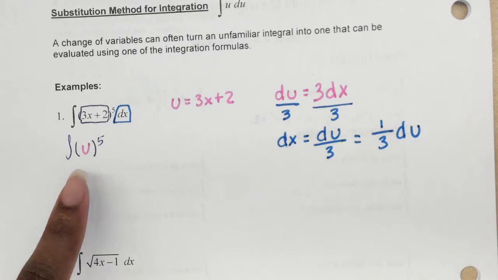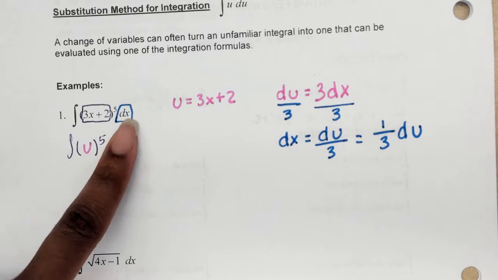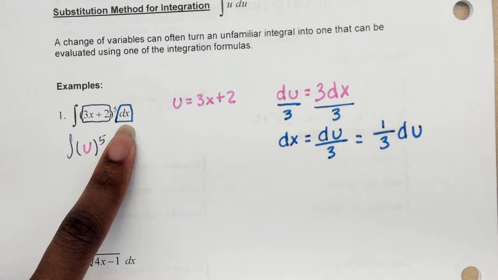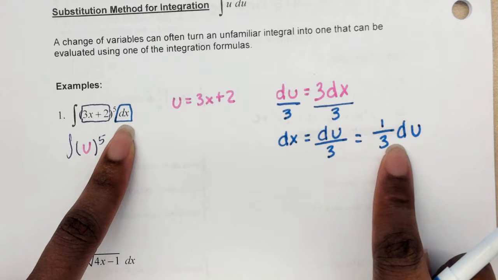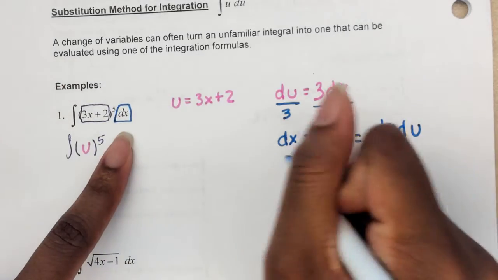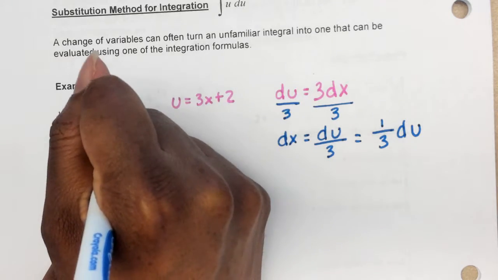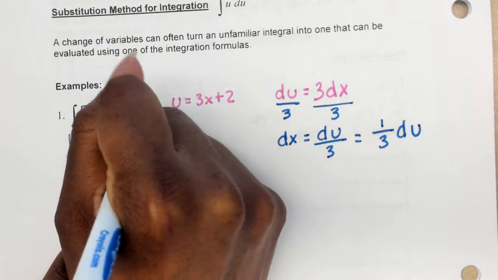So I'm taking the integral of u to the fifth power, but I'm not taking it in terms of x, I'm taking it in terms of u. So I need the 1/3 du. So dx is now going to be substituted with 1/3 du.